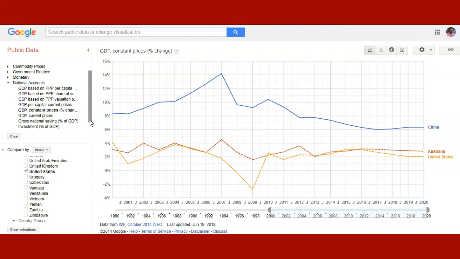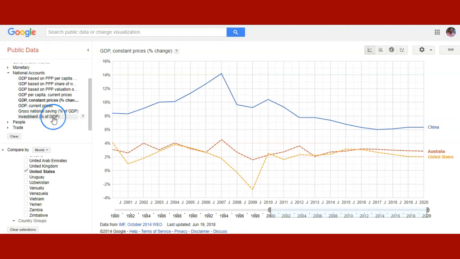Investment is expenditure on goods and services that are devoted to the production of more goods and services. So let's look at investment as a percentage of GDP. Now we would expect that China, because of its higher growth rate, probably will have a higher rate of investment compared to Australia and the United States. Let's see.